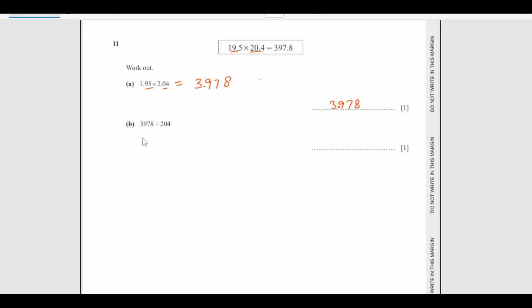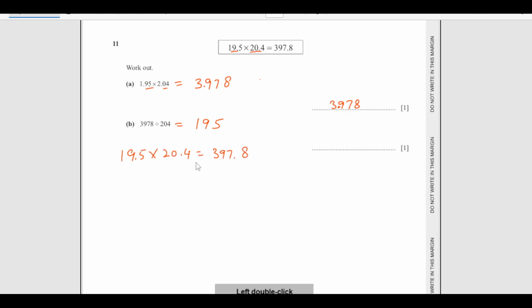Now 3978 divided by 2004. So the numerical answer is going to be 195. So now the only thing is the decimal place. If I take this one here, 19.5 times 20.4 equals 397.8, right?